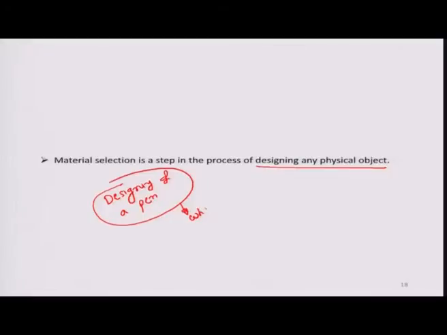Material selection is a step in the process of designing any physical object. Suppose you are designing a pen. The first question is the function of the pen.